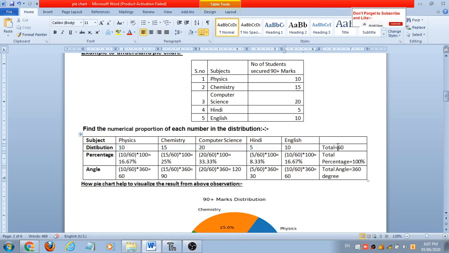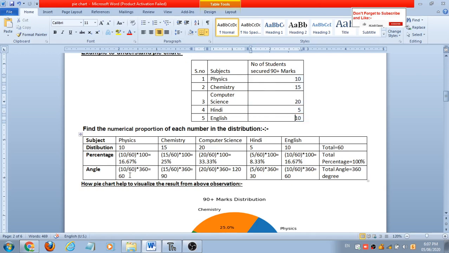The total is 60, so this 60 is considered as 100%, and then we divide that 100% as per these quantities. That means 10 divided by 60 multiplied by 100, which comes to 16.67. So the weightage of this item is 16.67. Like that we can find the weightage: 15 has a weightage of 25%, and 20 has its own percent. Like this we can find the corresponding percentage of each item in the distribution.